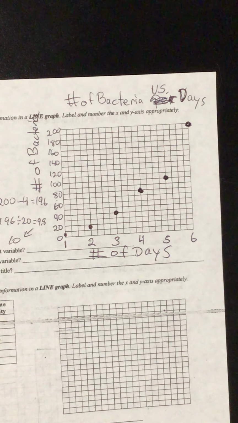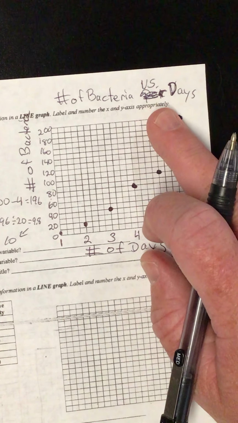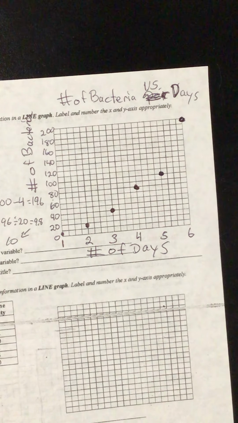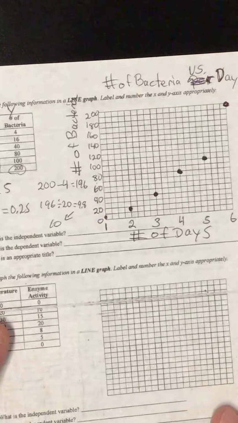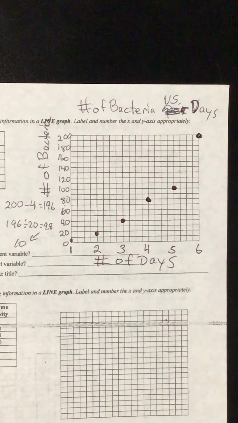All right, got my scale, units, label, title, accurate, and nice and neat. This is where using pencil helps, so I should clean that up. But I'm using pen so that you guys can see. All right, there we go.